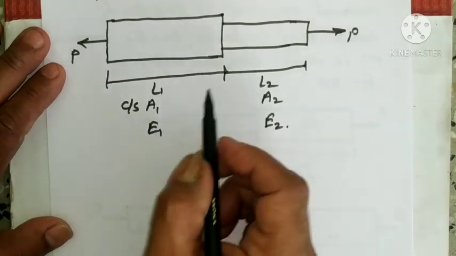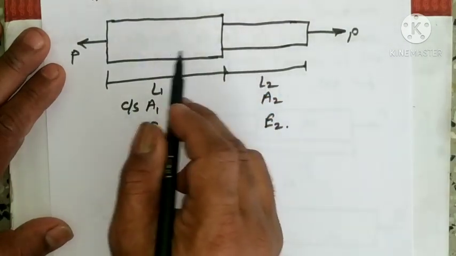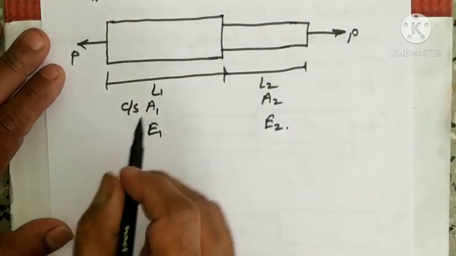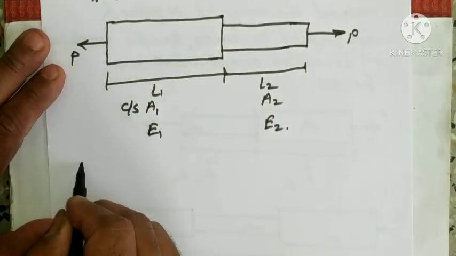Then first split these two different materials and draw FBD of these two materials.